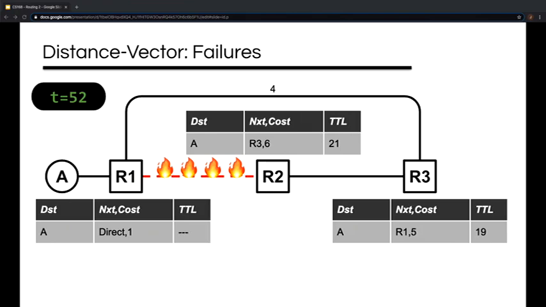So it looks like you have a relative TTL.